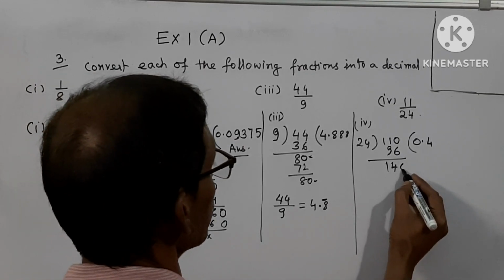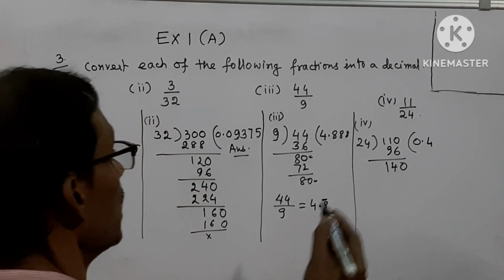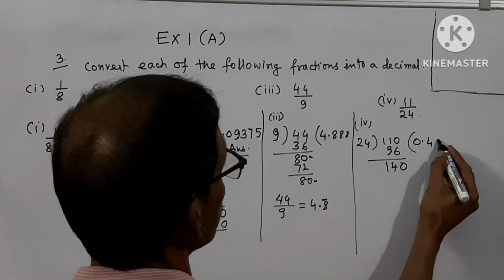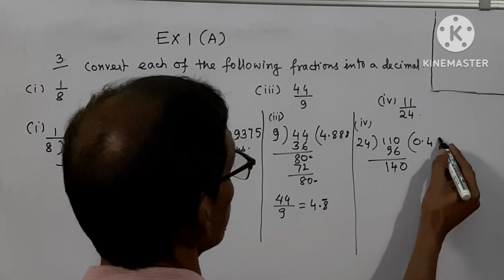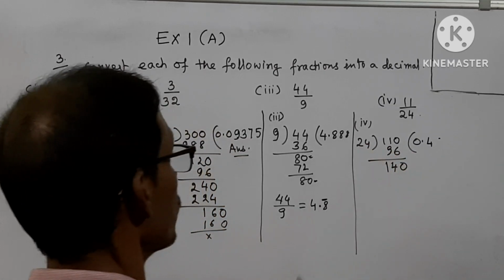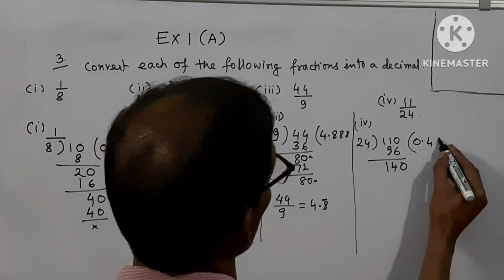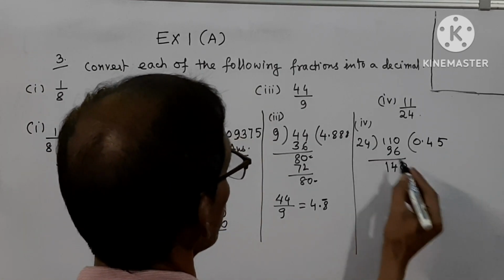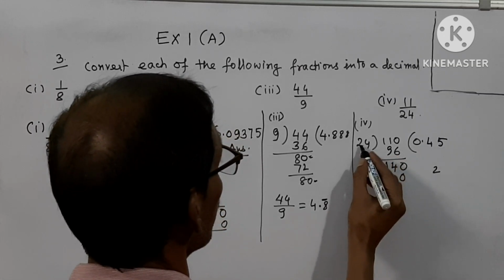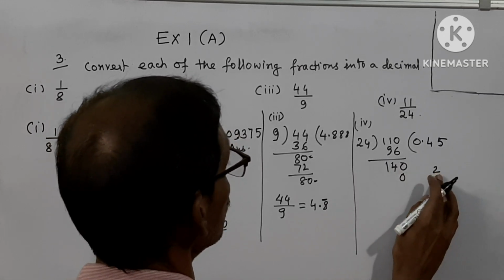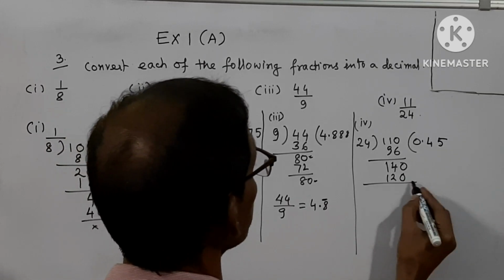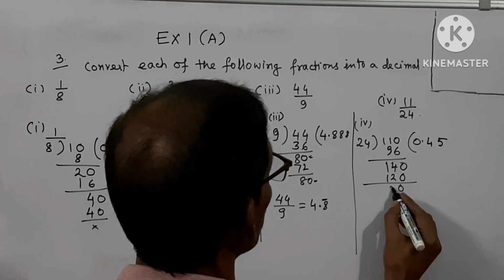Then again put a 0. If you put 6, it will be more. 5 4s are 20, 5 2s are 10, 10 plus 2, 12, 0, 2.